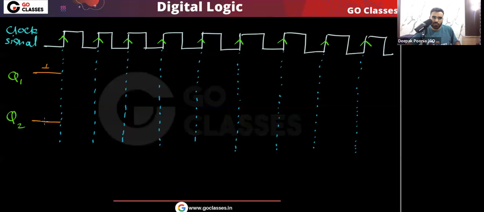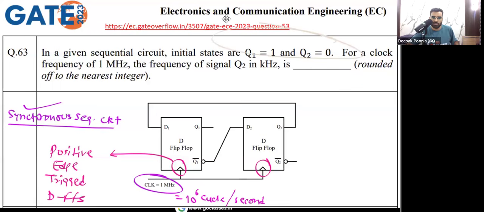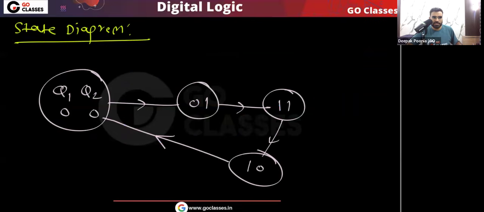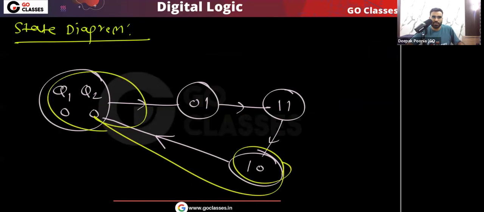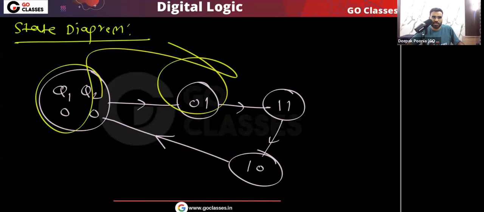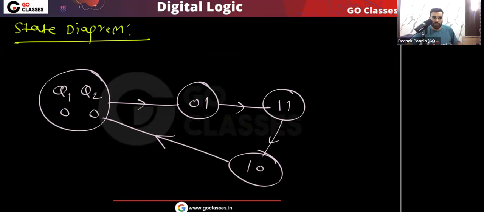Remember, initially we have 1 0. Now let's see this state diagram. Notice that from 1 0 the next state will be 0 0. From 0 0 the next state will be 0 1. Yes or no? And let me tell you what this state diagram basically means.